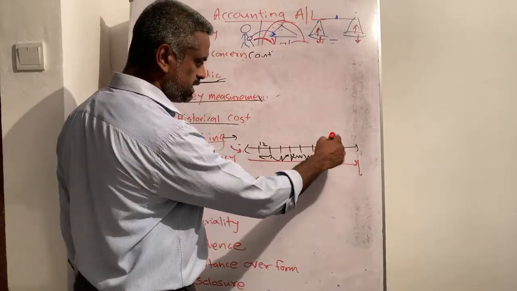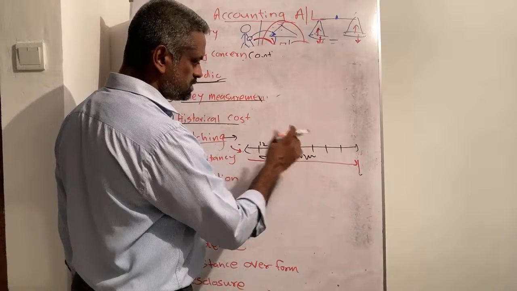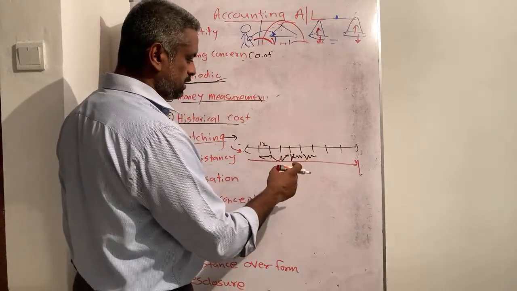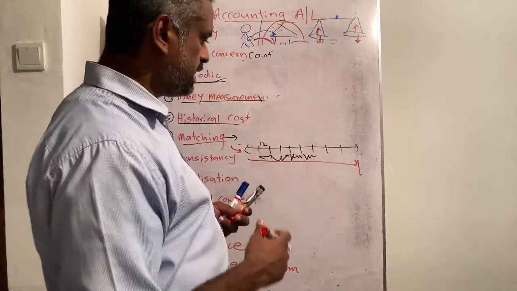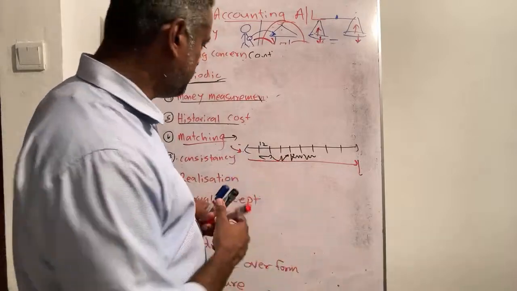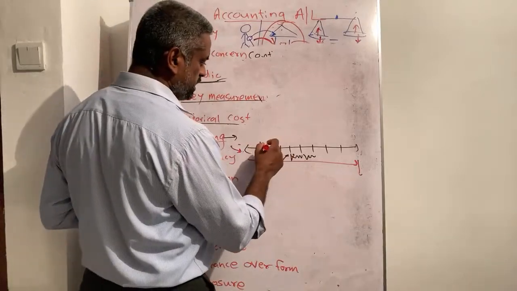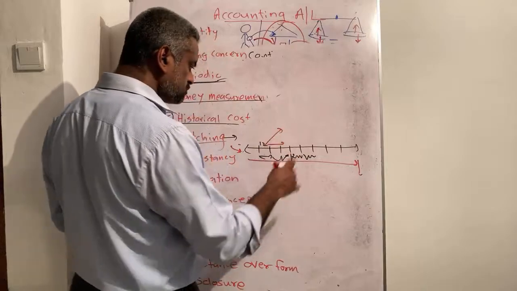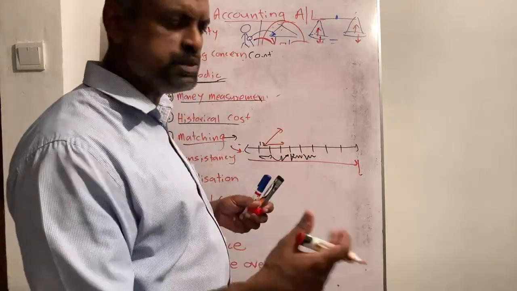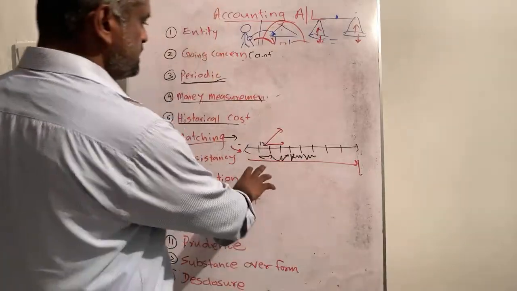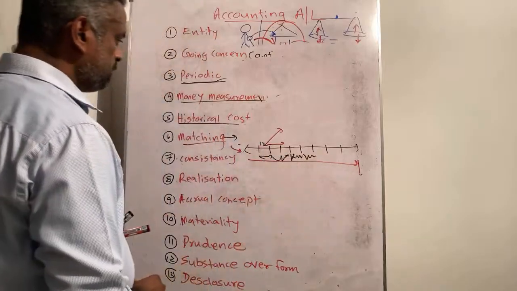So you segregate into shorter periods and calculate profit and loss at the end of each year, because you need to take certain decisions. Otherwise, you cannot find out where to go, what should be controlled, and what strategies to follow. That is the periodic concept.